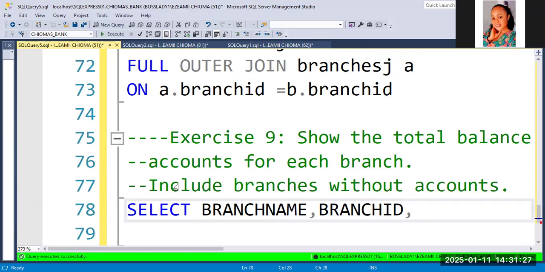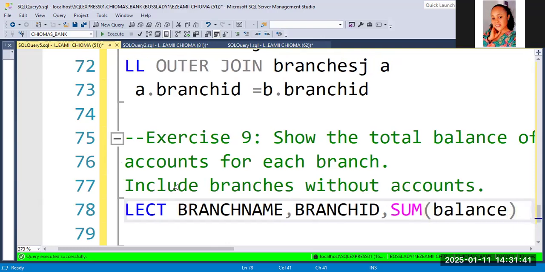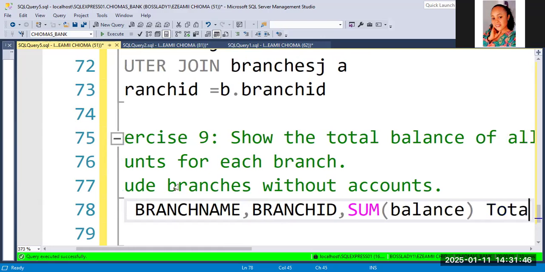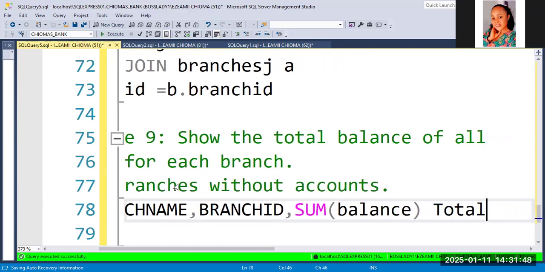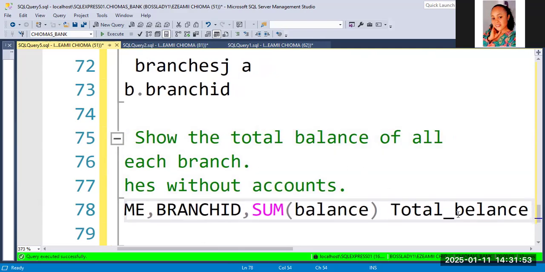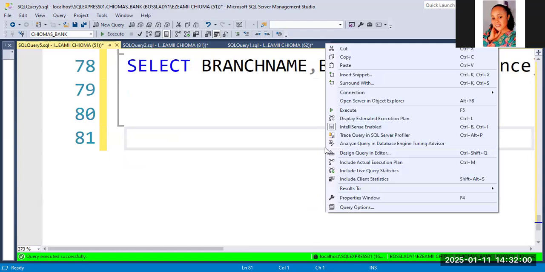Because we are working with total balance, we have to aggregate our data. So we'll sum the balance as total. We've already done aggregation, so you can make reference to the previous lesson we had on this.